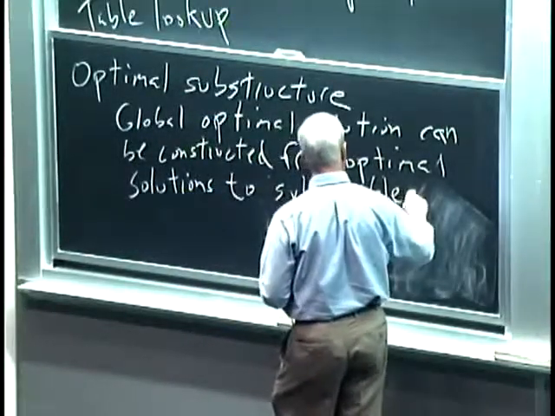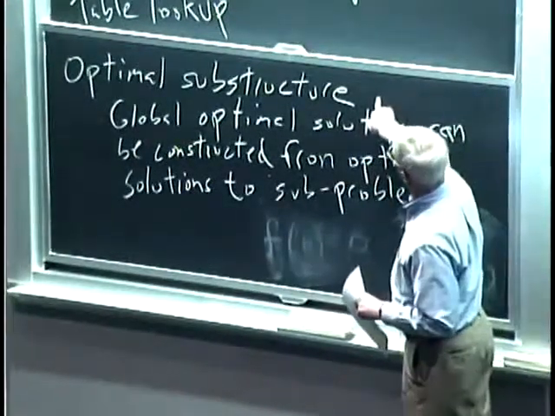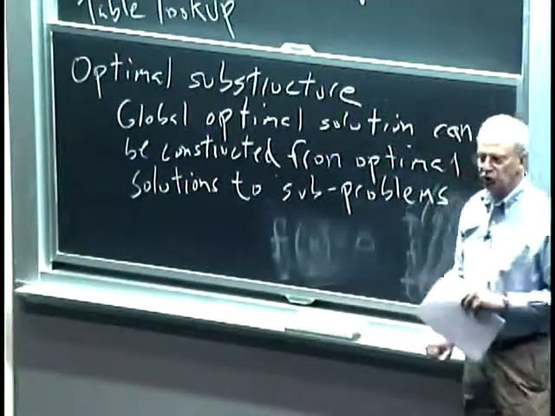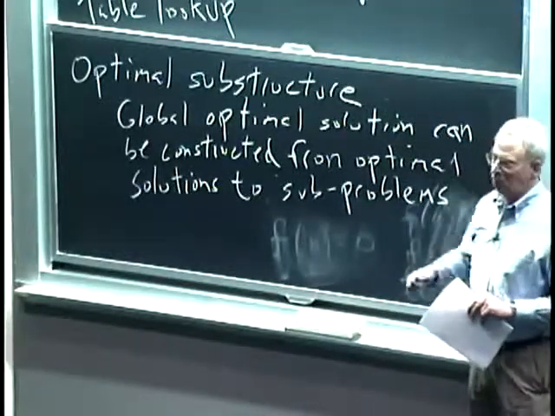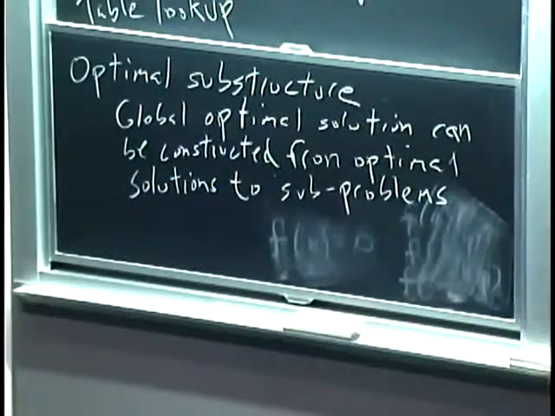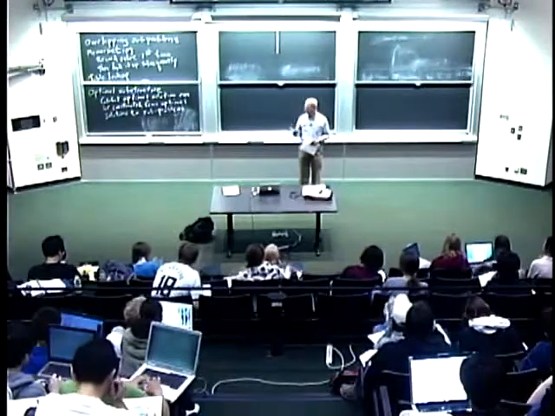But as we'll see, it's true of a lot of problems. And when you have an optimal substructure and the local solutions overlap, that's when you can bring dynamic programming to bear. So when you're trying to think about whether this is a problem that you can solve with dynamic programming, these are the two questions you ask.